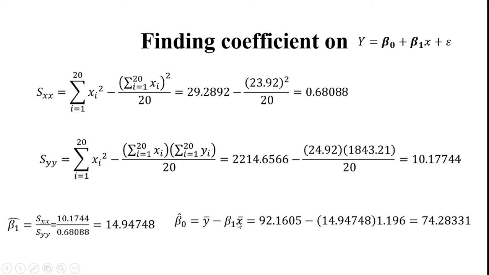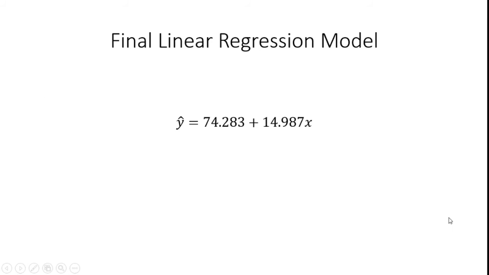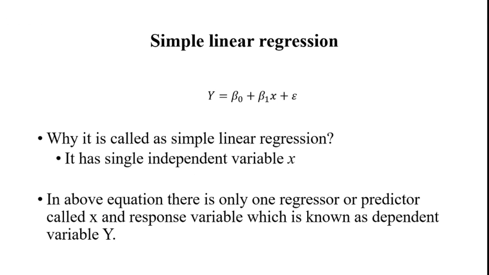I substitute all the values into the respective equation, and I got the beta naught value, which is 74.28331.